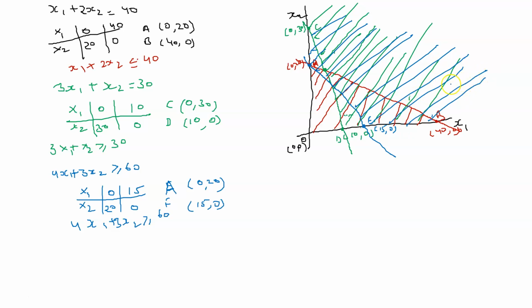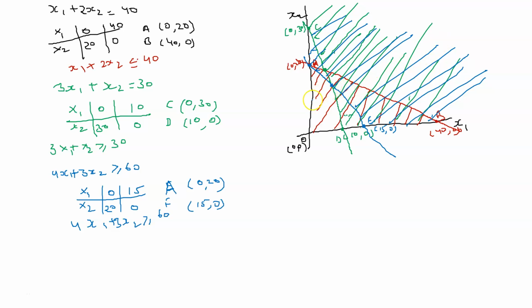Now we also see that this green line and blue line intersect here. This is the point they intersect. Now we need to see what is the region where the solutions are feasible.